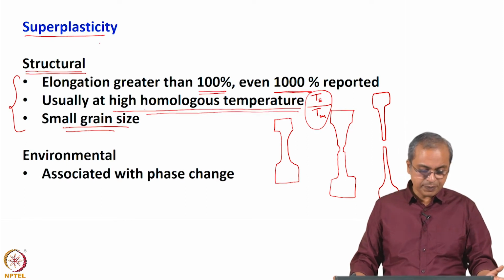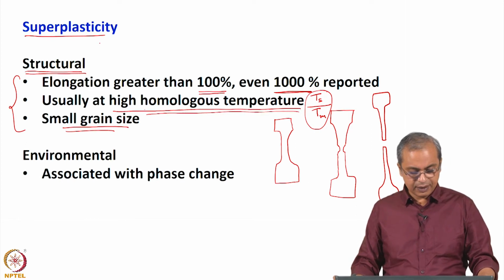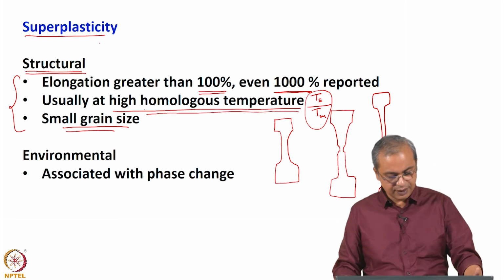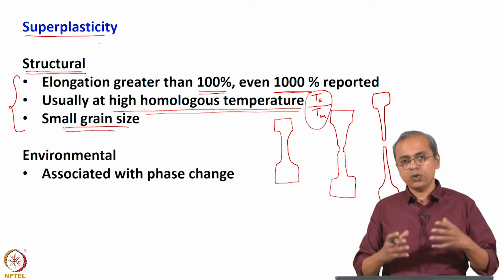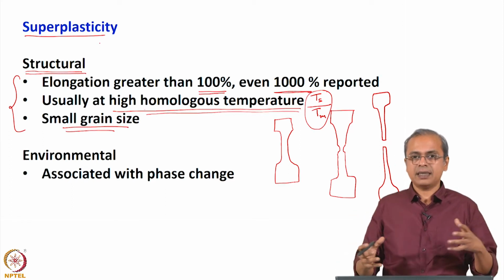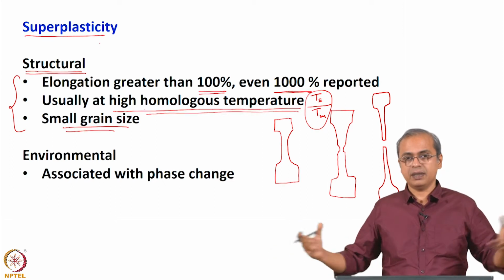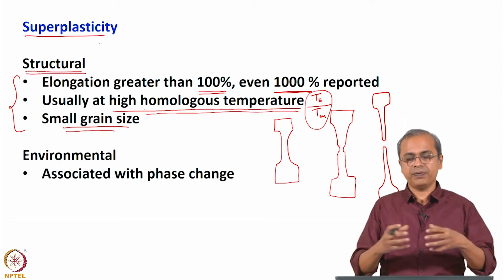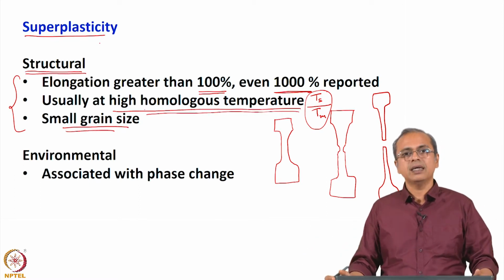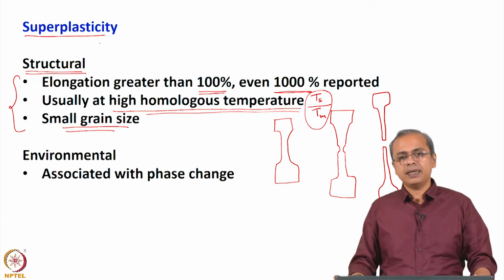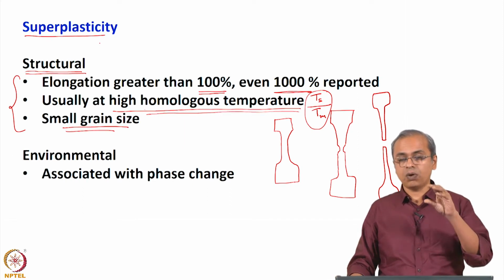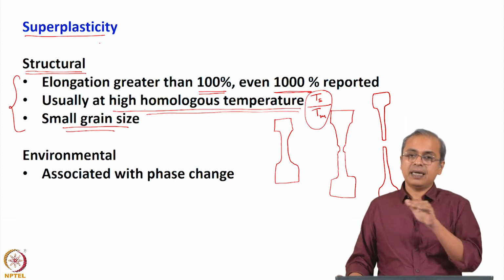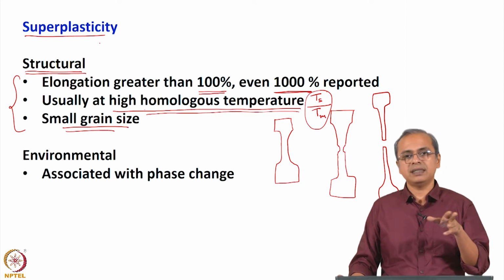The environmental version of superplasticity is one where a material shows behavior that looks like superplastic behavior, with very long elongation before failure. But when they study it, they find that it has got to do with the fact that you are operating or cycling at temperatures very close to a phase change temperature.